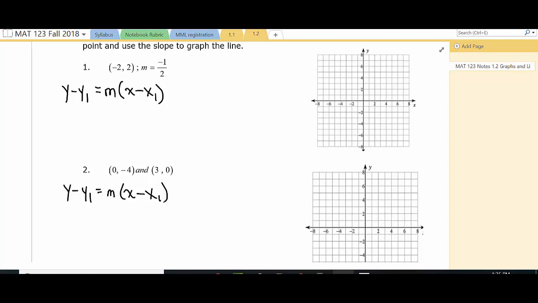So I'm going to walk around and see if I can see that you know how to use the formula, and see if you know how to do the graphing and everything on here. Okay.